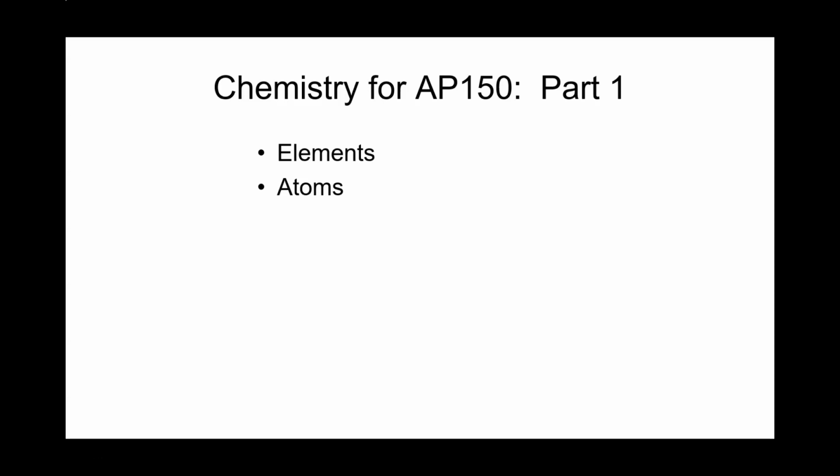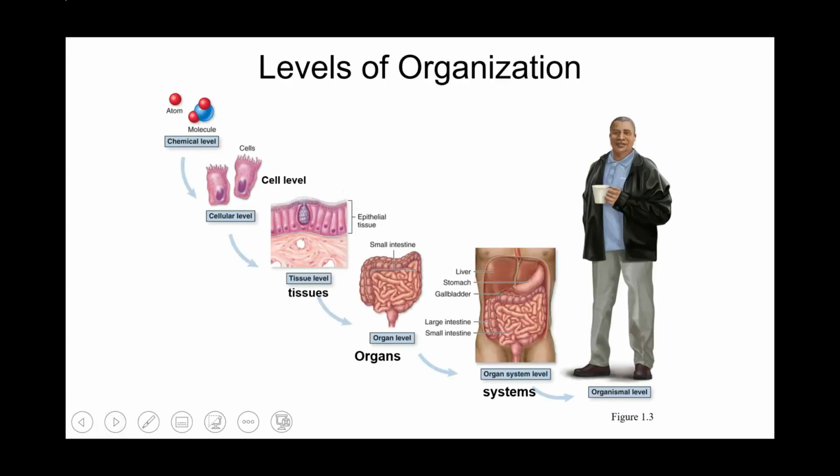Now, in this first mini lecture, we're going to talk about elements and atoms. So let's start off by looking at this image right here. This is a diagram of the levels of biological organization, and we looked at this in our last set of lectures. And I just want to point out where we are in this level of organization.